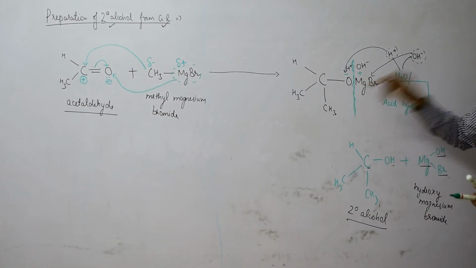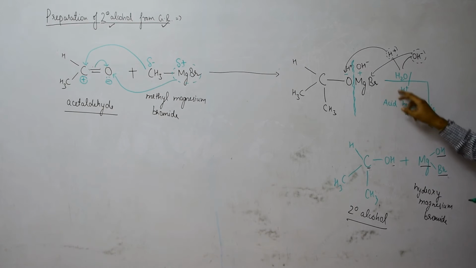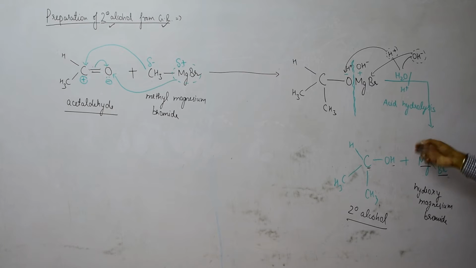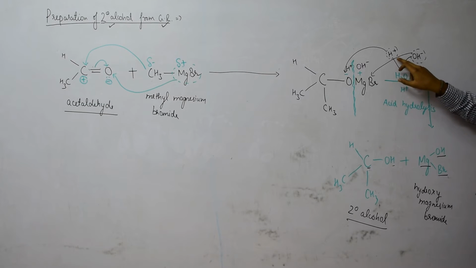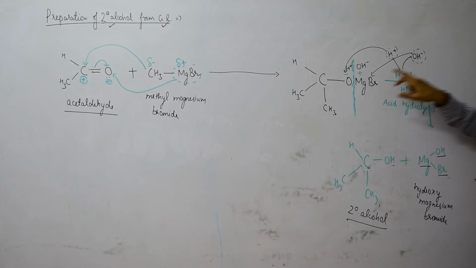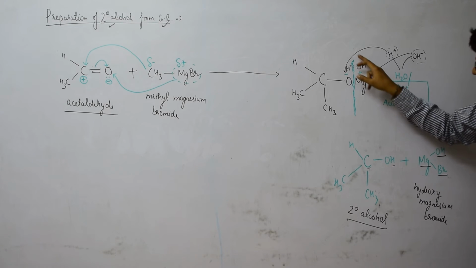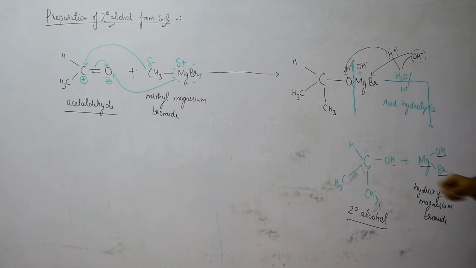So now we will hydrolyze this in the presence of H plus ion. This process is called acid hydrolysis. Our water molecule would be dissociated into H plus and OH minus ions. This H plus ion will attack this negatively charged oxygen atom, and this OH minus ion will attack this positively charged MgBr atom, and the cleavage will take place over here.